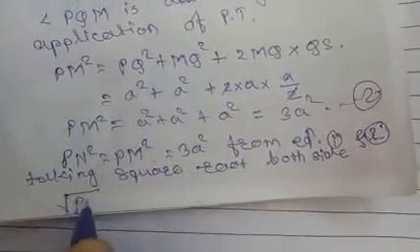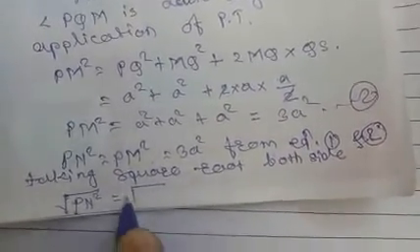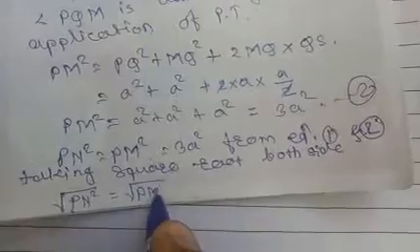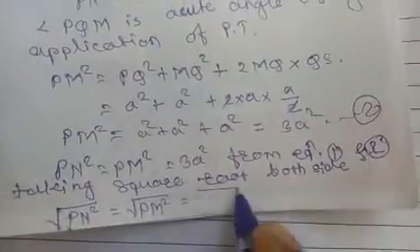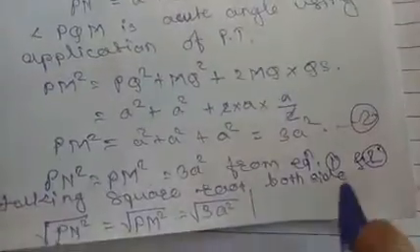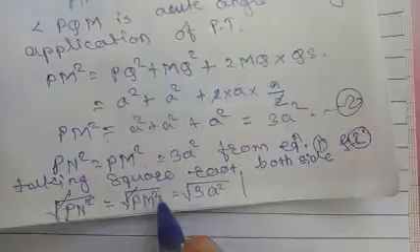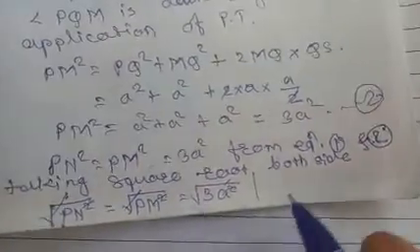Square root of PN square is equal to square root of PM square is equal to square root of 3A square. Then square and square root cancel, but under root 3 stays as it is.